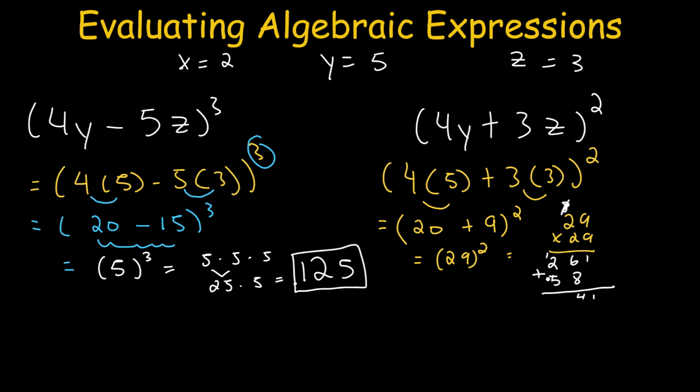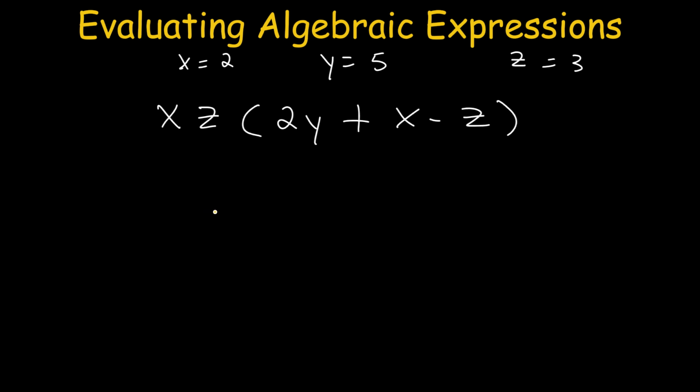And let's add. 1, 6 plus 8 will be 14, carry the 1, 5 plus 2 is 7, plus 1, that is 8. So our final answer for this problem will be 841.